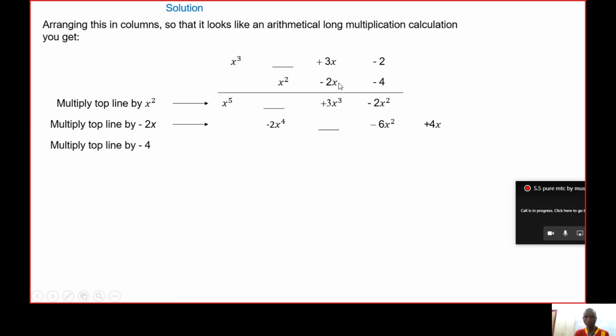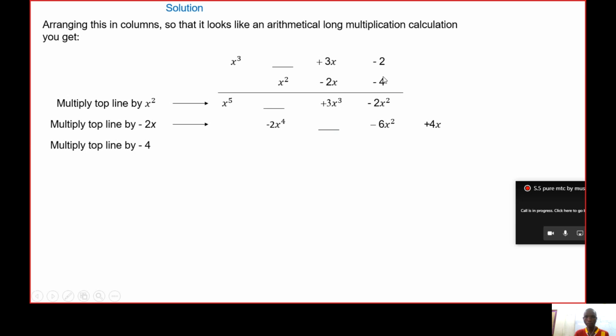Then negative 2x times nothing, you get nothing. Negative 2x times positive 3x, we get negative 6x squared. Are you seeing that? Then negative 2x times negative 2, we get positive 4x. You see that? So we also multiply them like that.